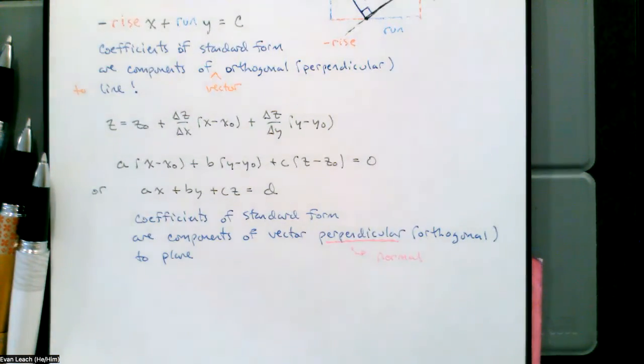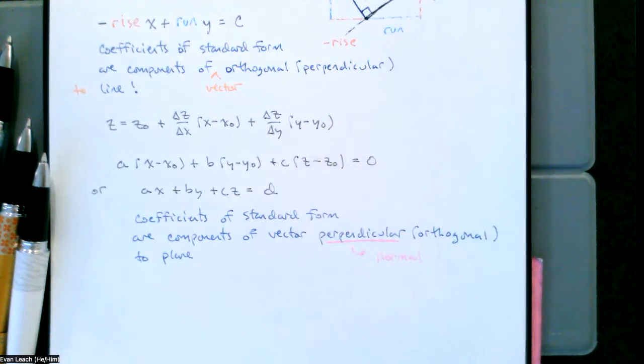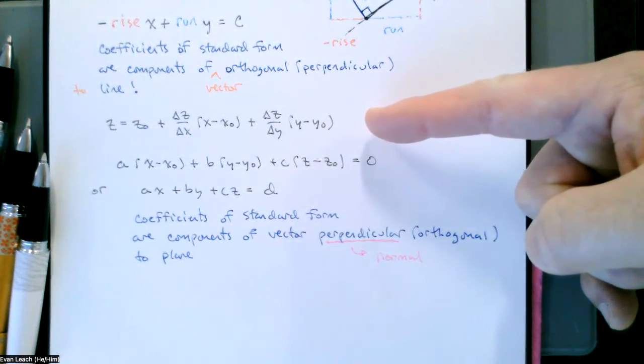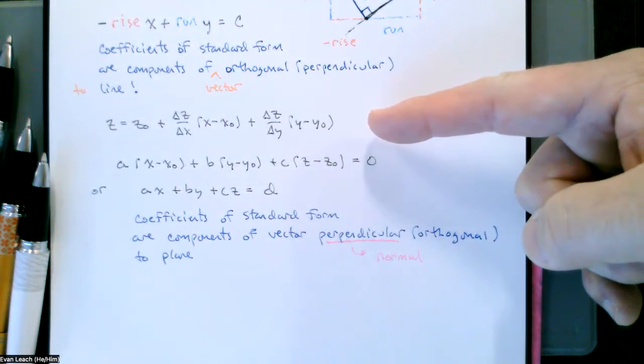So here's what we want to notice. We have a few ways of constructing a plane depending on what information we have. If we can see how Z is changing with respect to X and how Z is changing with respect to Y, then we just find a point and then use the point-slope version of a plane.